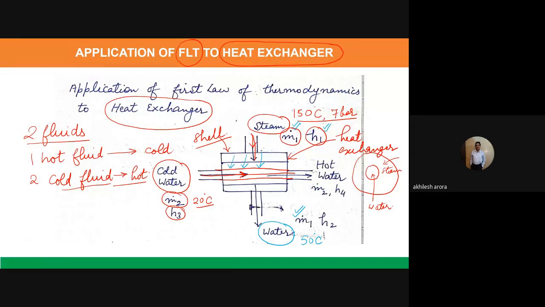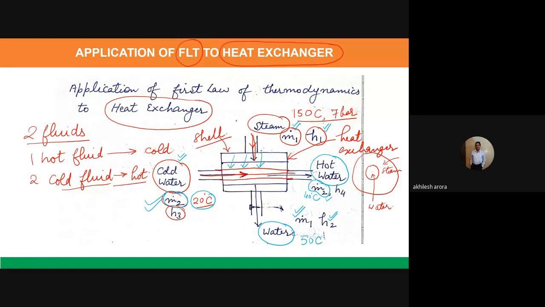If you talk about the cold water, its temperature was 20 degrees Celsius and mass flow rate was m2 dot. It is coming out as hot water now, and its temperature could be 40 degrees Celsius. Its mass flow rate remains the same, m2 dot, but the enthalpy changes to h4.